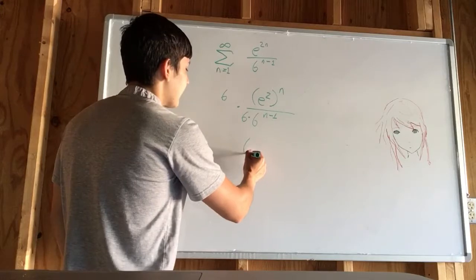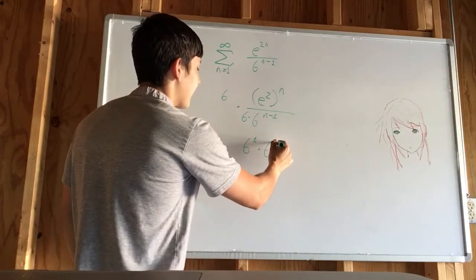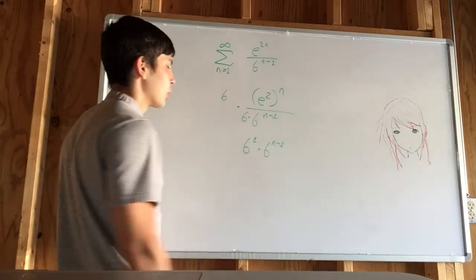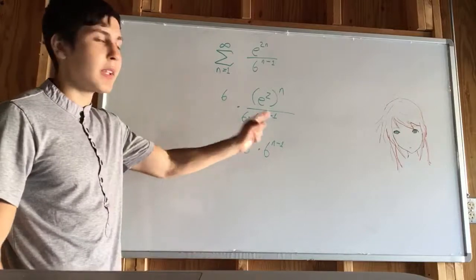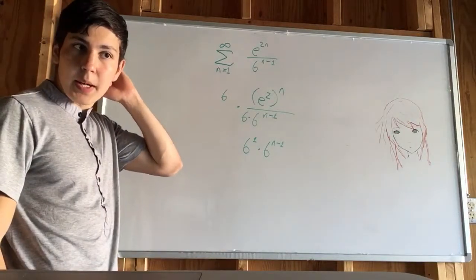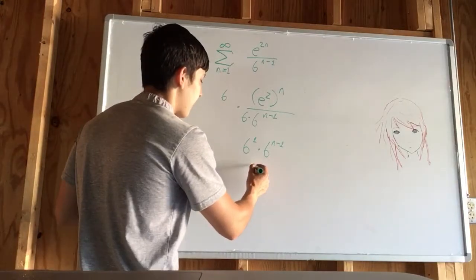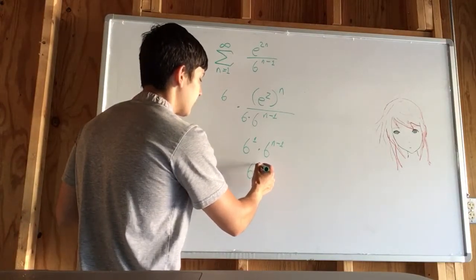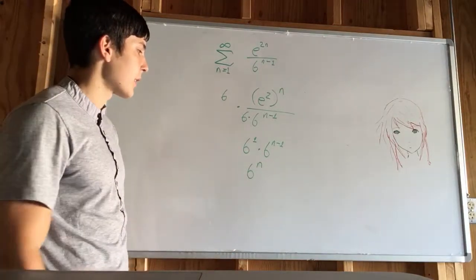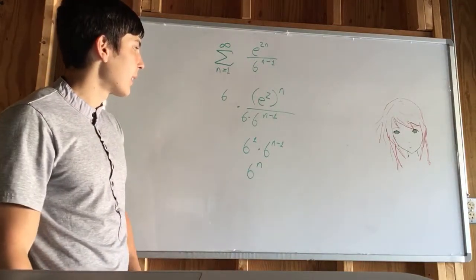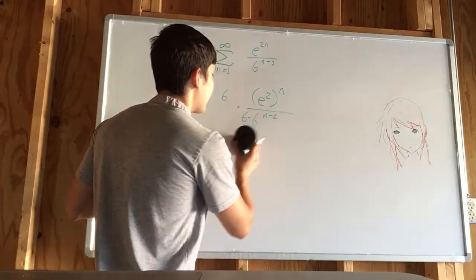This has an exponent of 1, and you're multiplying by something which has an exponent of n minus 1, and it's the same number here. What happens to the exponents? You might not remember this, but you would just add them. This is some algebra stuff. So we would get 6 to the n.